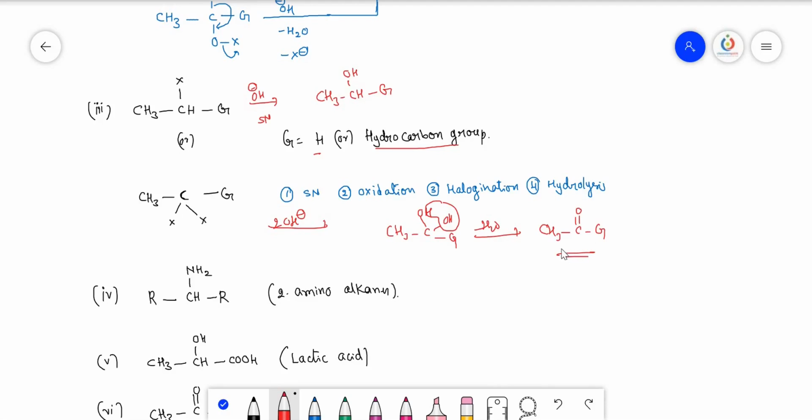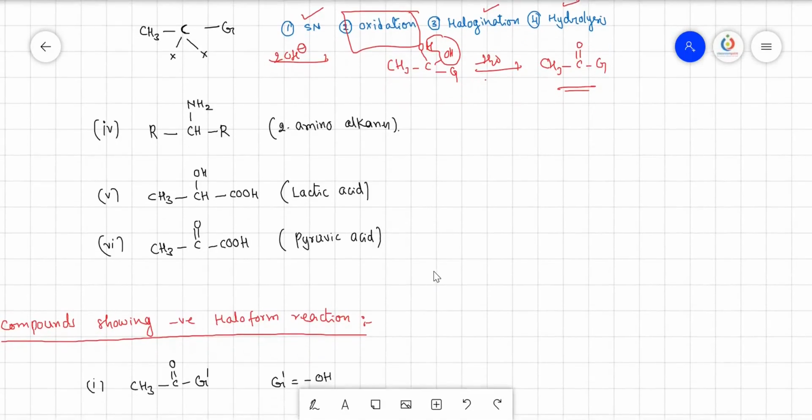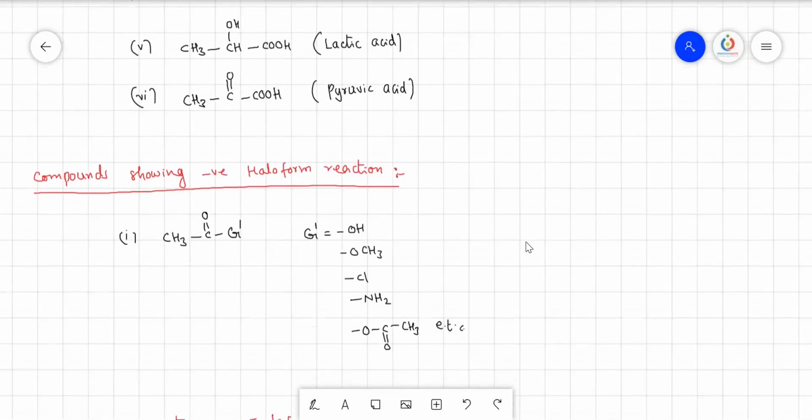So condition number one is fulfilled. In geminal dihalides, the oxidation step is not there, only nucleophilic substitution followed by loss of a water molecule, halogenation and hydrolysis. And 2-aminoalkanes, lactic acid and pyruvic acid, both have the CHOH group, so even though they react with the base and halogen, they produce the haloform reaction.